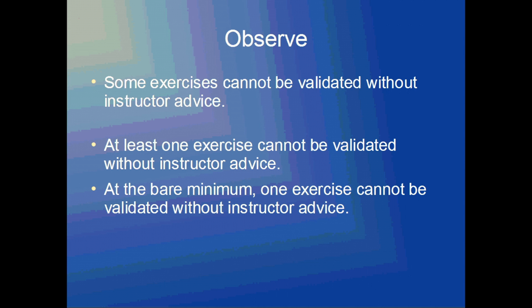So then it would be more intellectually cautious of you to only say that at least one exercise, or at the bare minimum one exercise, cannot be validated without instructor advice. And that's basically the difference for when you will use the default way of expressing a proposition with a particular quantity, or the alternative ways for expressing a proposition with a particular quantity.